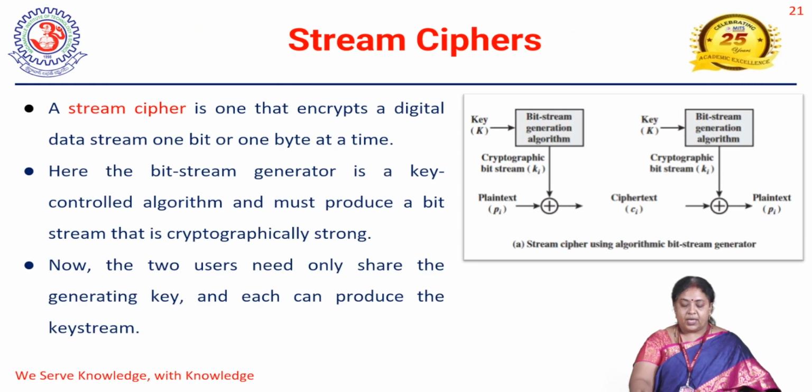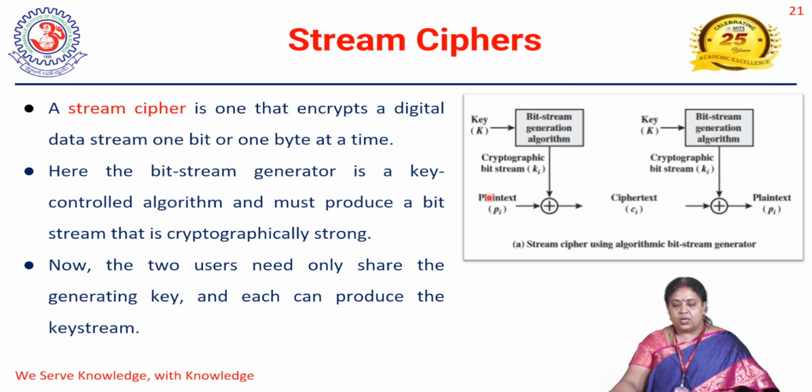And one more thing. Depending on how we are going to perform the encryption, we have two types of ciphers. One we call a stream cipher, another one is called a block cipher. In the stream cipher, the data is considered as a stream of bits.